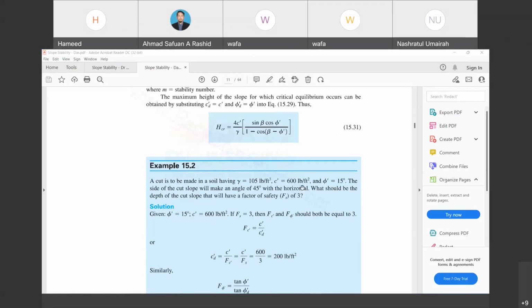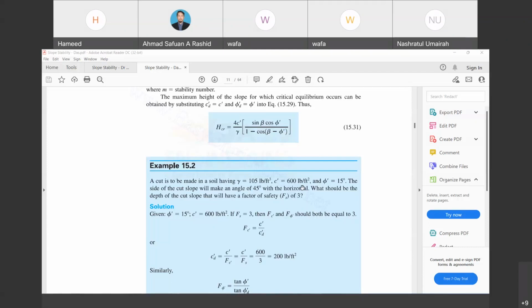The side of the cut slope makes an angle beta. What should be the depth of the cut so that we have a factor of safety equal to 3?